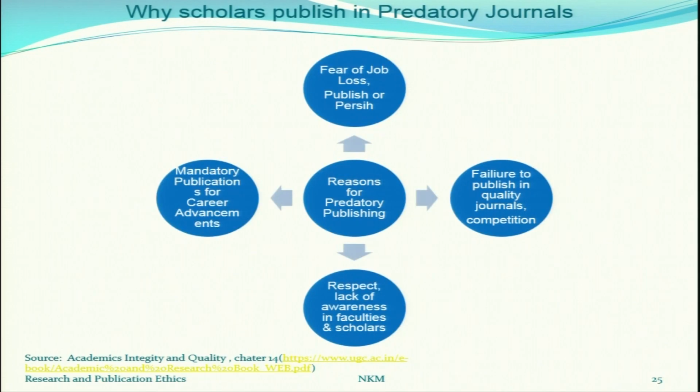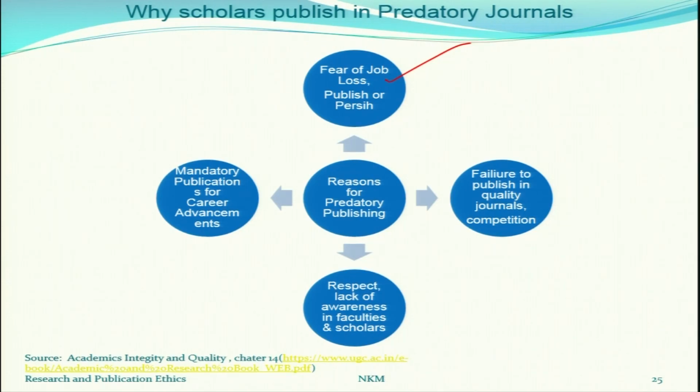Let's try to understand further. Why do scholars publish in predatory journals? That's a very important question. We have analyzed so far what the causes are, and what the motivations are. The causes are very straightforward: there is a fear of job loss these days, because it is based on your competence in research.